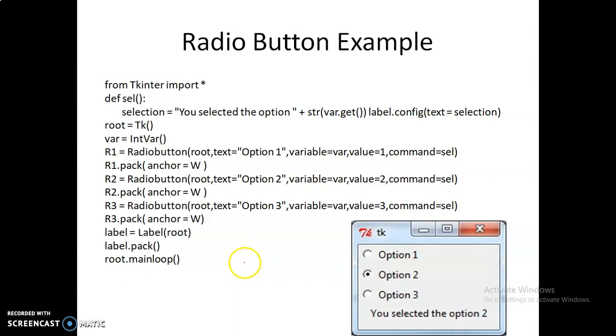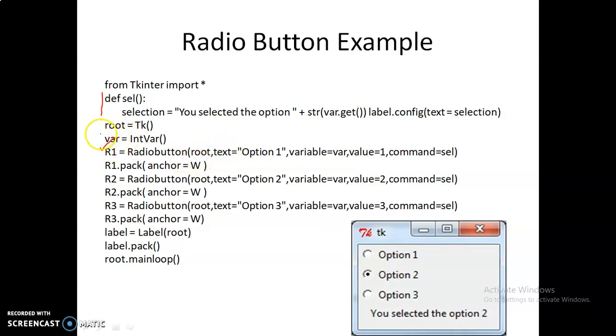Next, this is the radio button example. We are creating multiple buttons. This sel method is to show whichever radio button you have selected, and based on that it shows that radio button's text. This is the creation of the radio button.